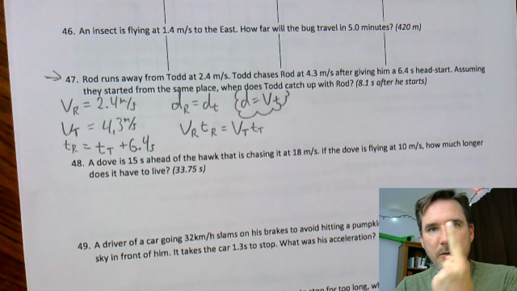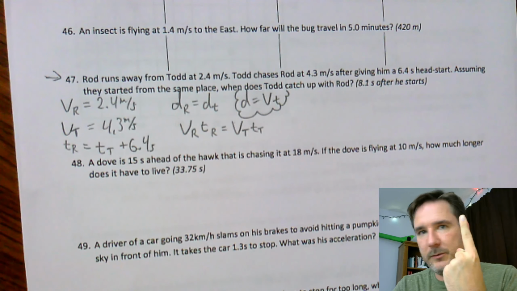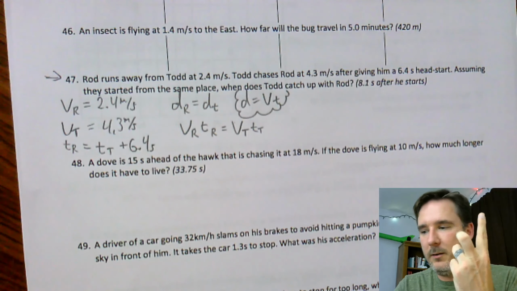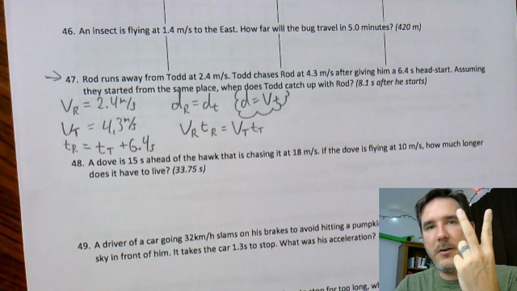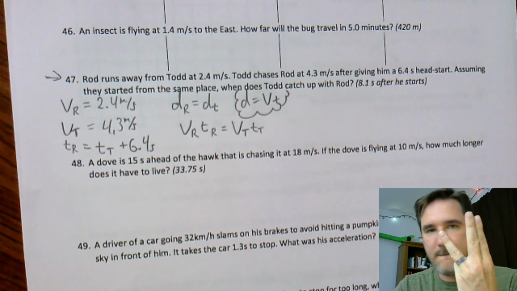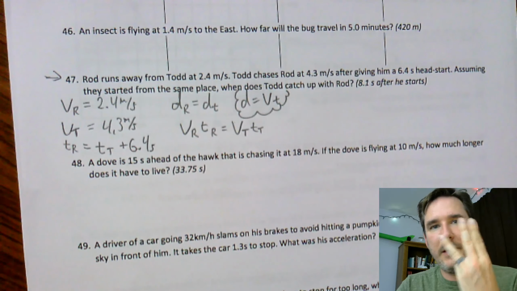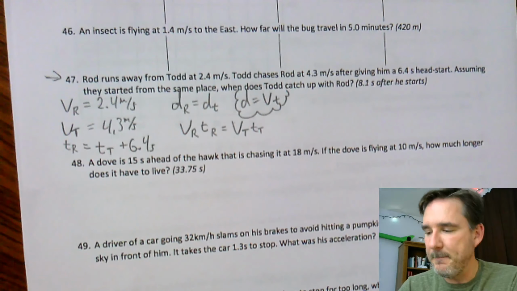You're going to have the type of questions where you have a constant velocity, which is just velocity equals distance over time. And then the subcategory of those is what I'm doing right now, where there's no acceleration involved. Then you're going to have questions that involve an acceleration, and that's a whole separate thing. That's what we worked on 2 days ago. So keep that in mind. There's 2, 3-ish types of questions you're going to see.